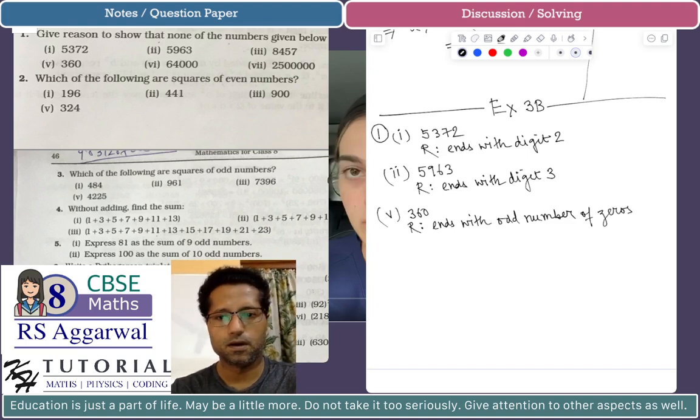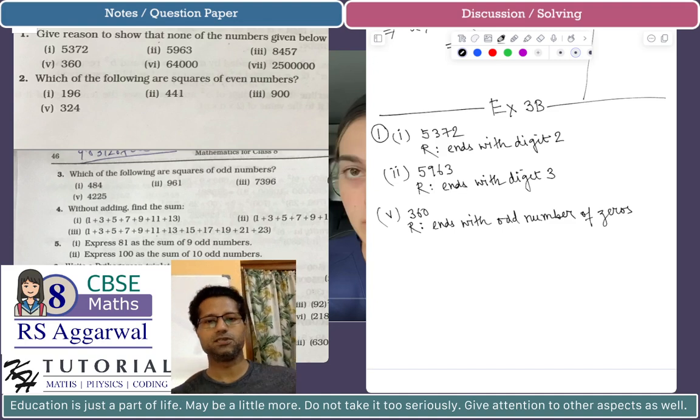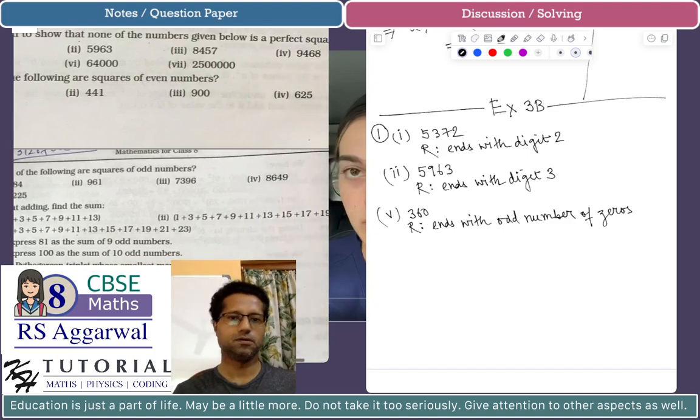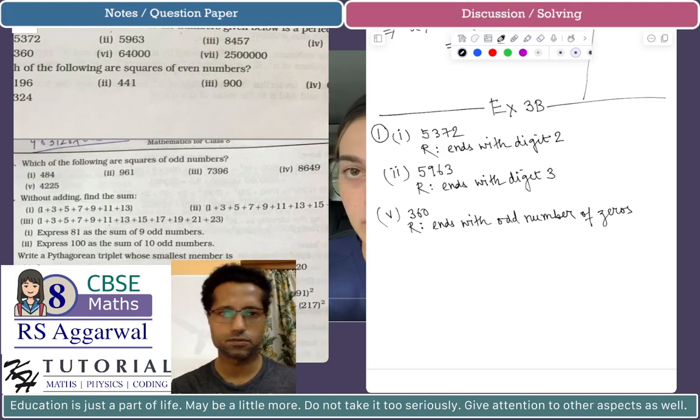So part 6 is also the same, 64000. It is ending with 3 zeros, which is odd. And similarly part 7 is ending with 5 zeros, so an odd number of zeros.